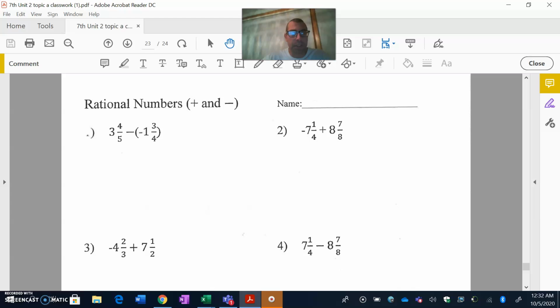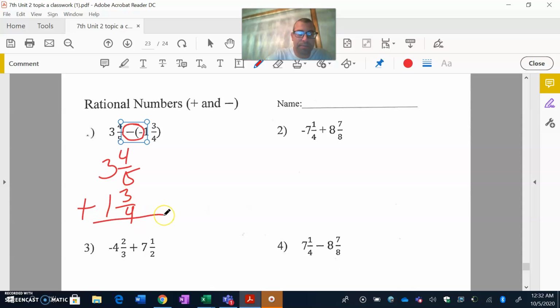Remember, you have to analyze whether you are actually going to add or subtract in your problems. If I look at that very first problem, I see that there is a double negative. We talk about rewriting the problem first, always. So that becomes an addition sign, and we are going to be adding your 3 4/5 plus your 1 3/4 to get your answer.